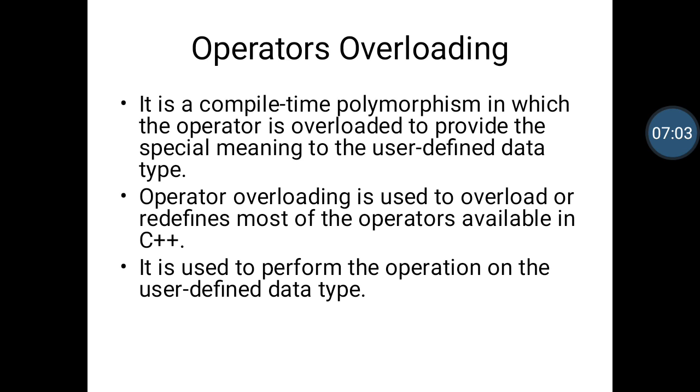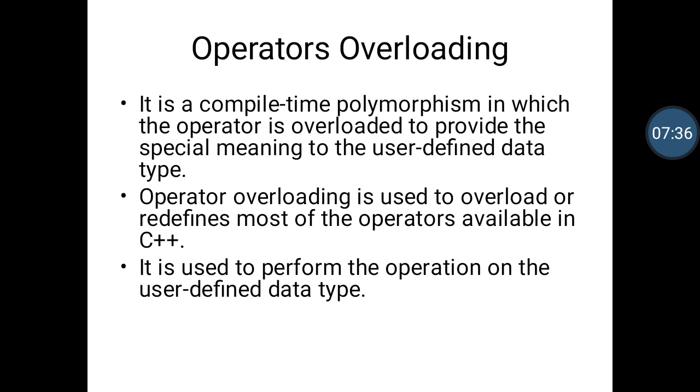It makes things much easier, and very much flexibility is available by using operator overloading. So we'll see more on this. Operator overloading is used to overload or redefine most of the operators which are available in C++. It allows us to give extra or higher meaning to the built-in operators, not to user defined operators.